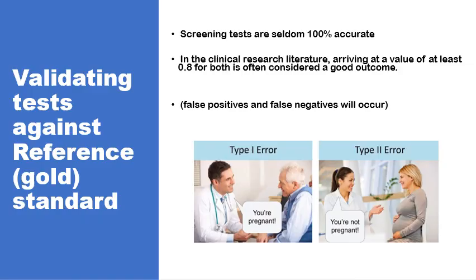First step in the evaluation of the screening test, trying to answer the question of how useful this test is, is to compare results obtained from it with results obtained from a certain reference standard, sometimes called a gold standard diagnostic test. Results obtained from screening tests are seldom 100% accurate, but somewhere around 80% would be considered a good outcome in clinical research and clinical practice.